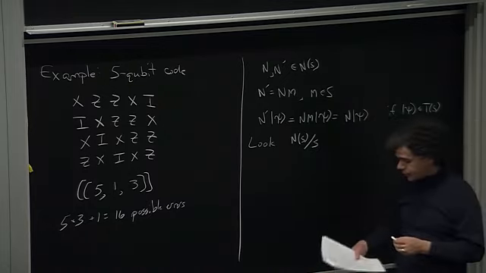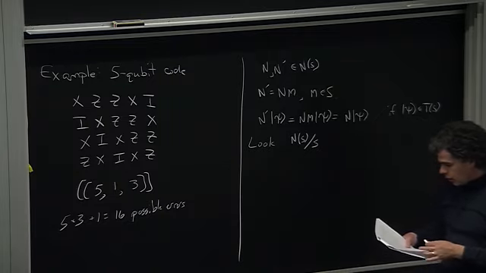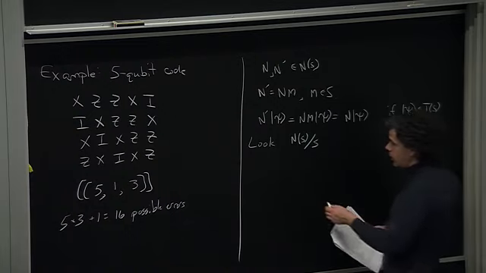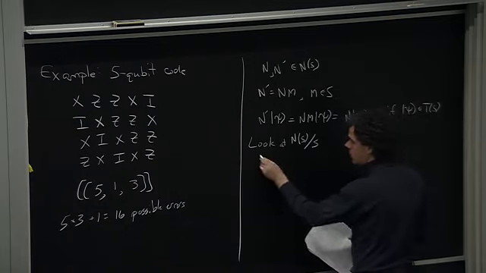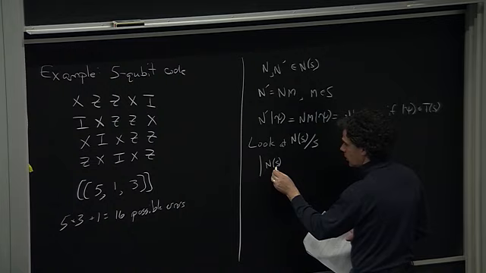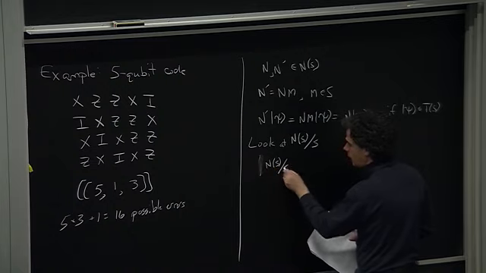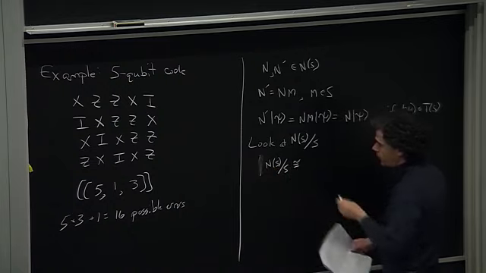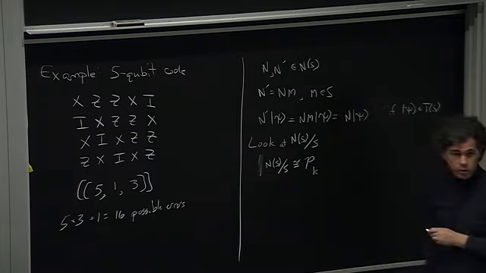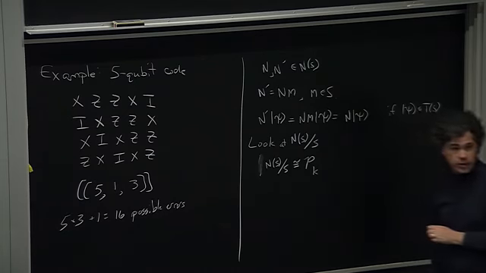I don't want to go into details, but it turns out that N(S) mod S is isomorphic to the Pauli group on k qubits, where k is n minus the number of generators.